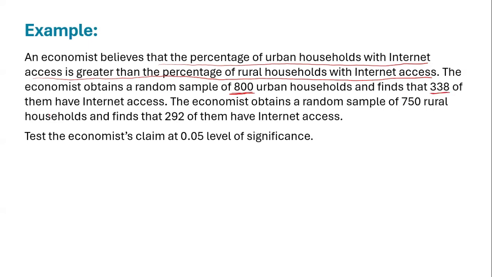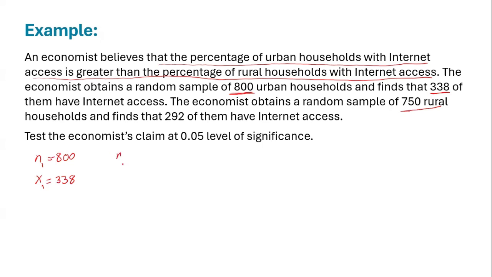to find that 338 of them have internet access. So the first sample size is 800, and the number of success, or X1, is 338. The economist obtains a random sample of 750 rural households and found that 292 of them have internet access.